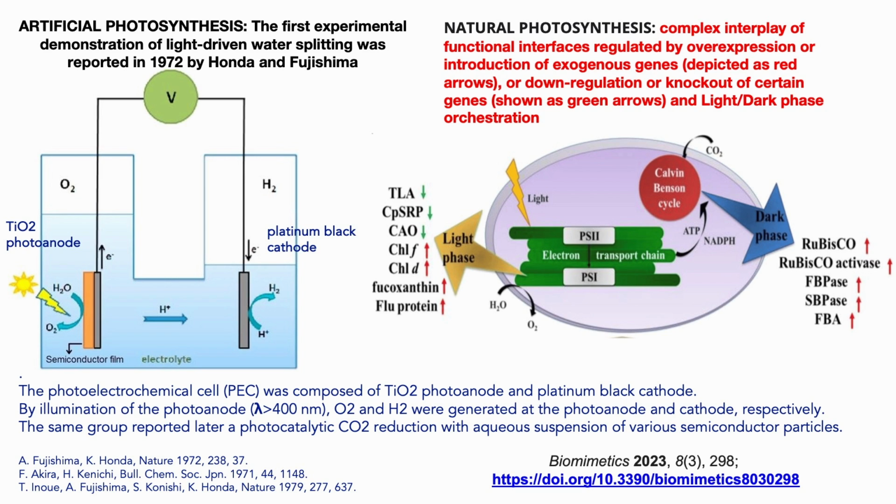One is a photoanode based on titanium dioxide, which is connected by wire to the reduction electrode, where we have the recombination of protons and electrons, in this case producing hydrogen. This technology is based on a division of tasks: water oxidation occurs at the anode, and the reduction part occurs in a separate electrode. But this is not what nature does.